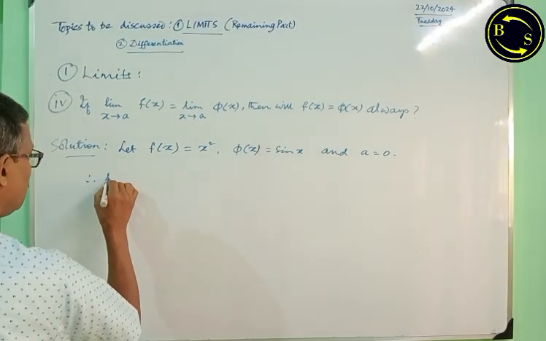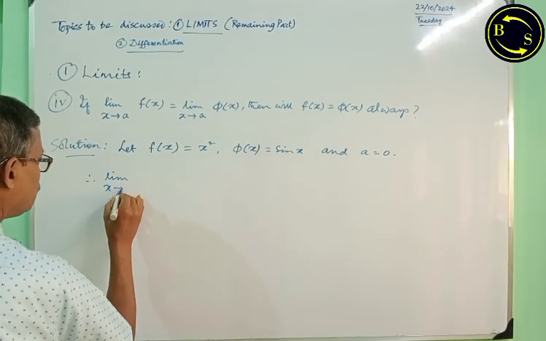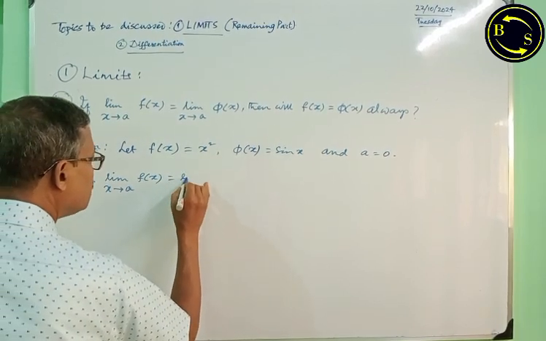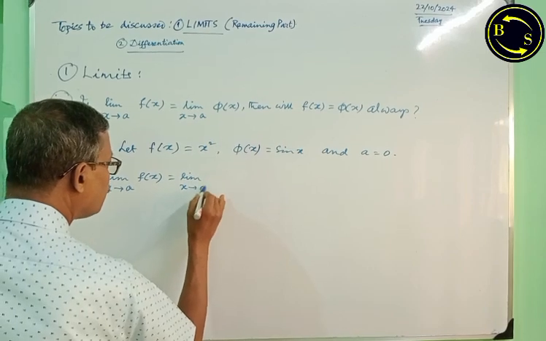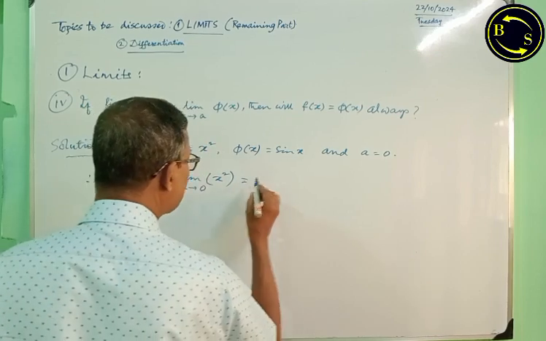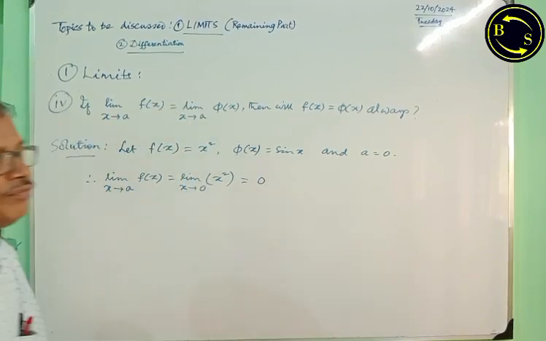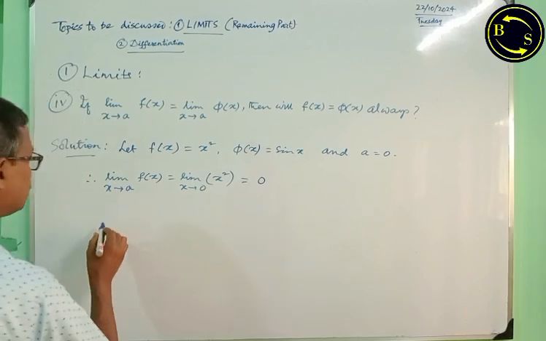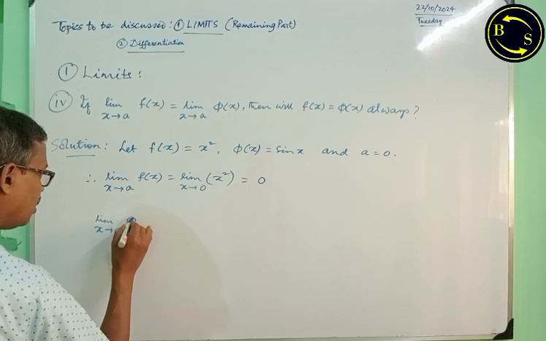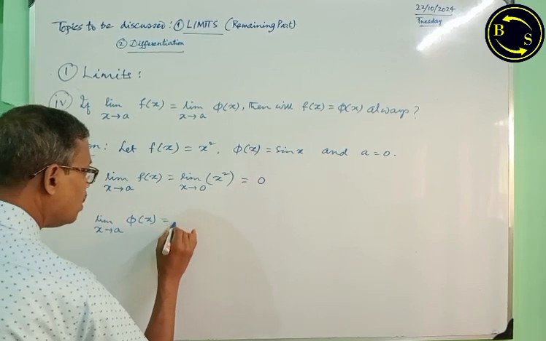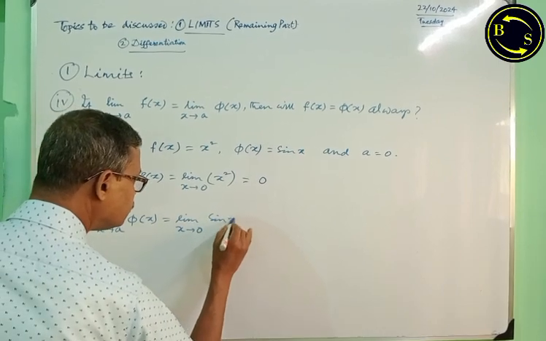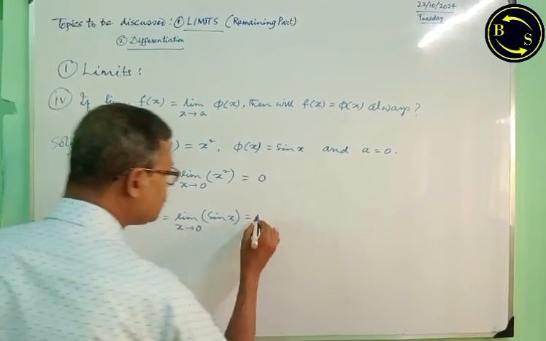Therefore, limit x tends to a f(x) becomes limit x tends to 0 of x square. Then already we have discussed the value will be in this case 0, and limit x tends to a phi(x), limit x tends to 0 sin x, and this is a basic limit, value is 0.